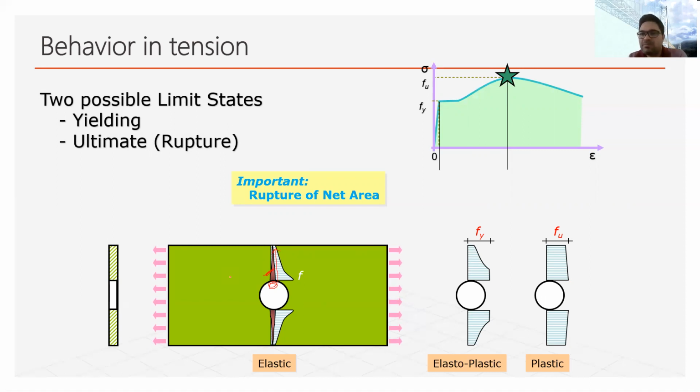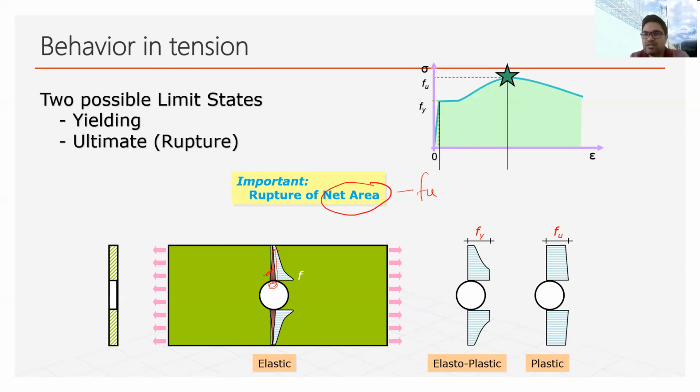So this is the behavior of a plate having holes, and because of this we consider the rupture of the net area, and we consider Fu as the maximum strength, because at Fu we have yielding along the whole cross-sectional area.